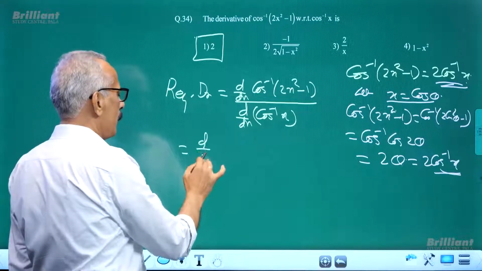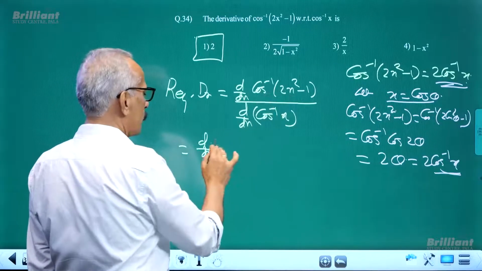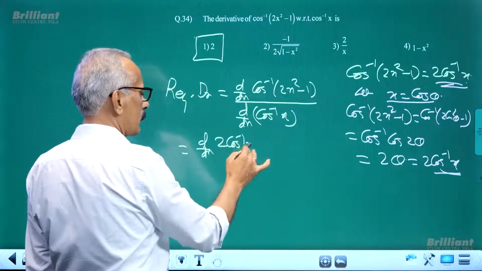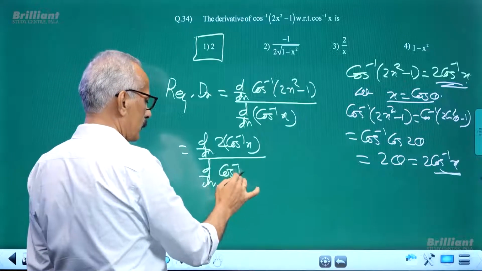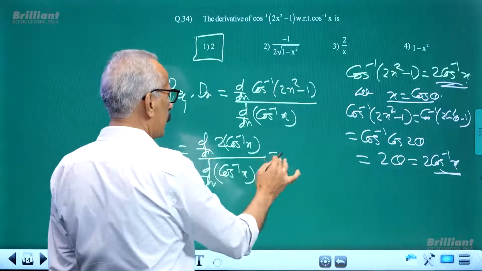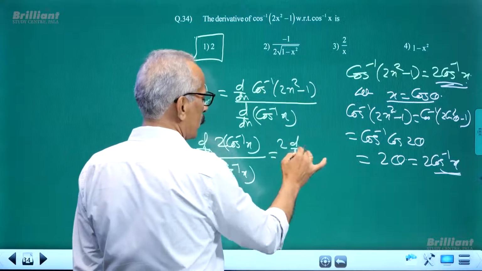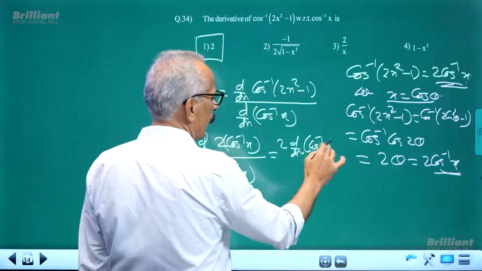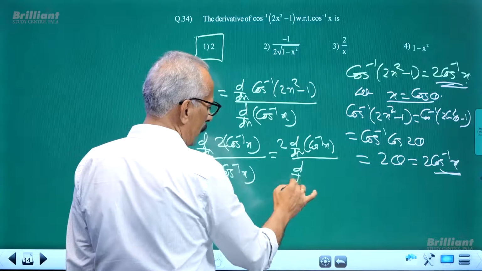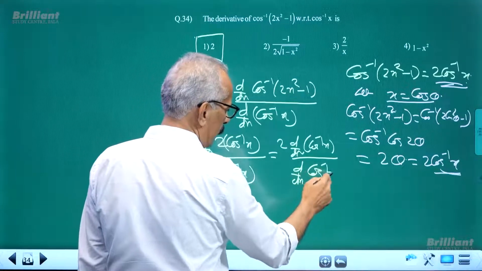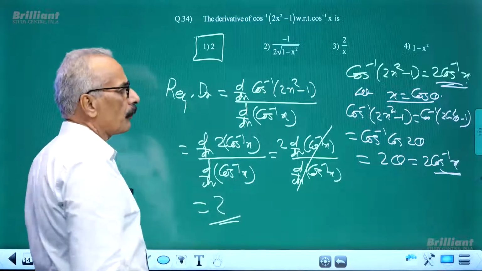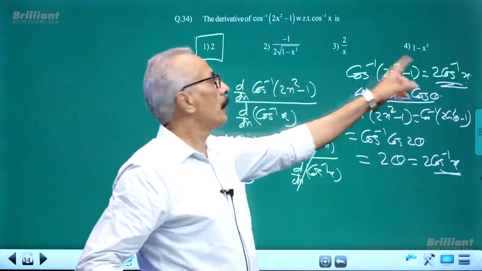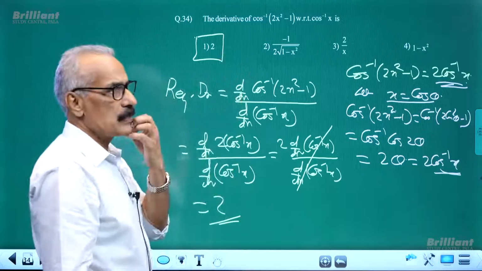That is d by dx of 2 cos inverse x, already simplified, divided by d by dx of cos inverse x. Okay, that means 2 into d by dx of cos inverse x divided by d by dx of cos inverse x. Alright, these two cancel. Your answer is 2. Without doing any of this I said it mentally, it is 2. That's a complete solution.